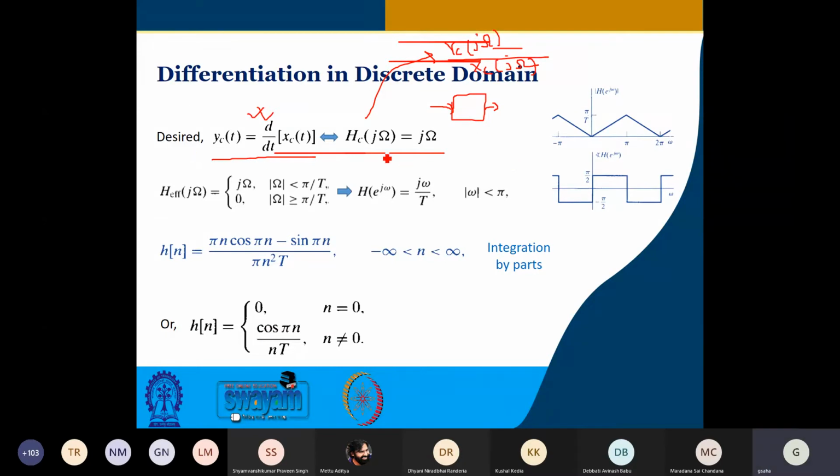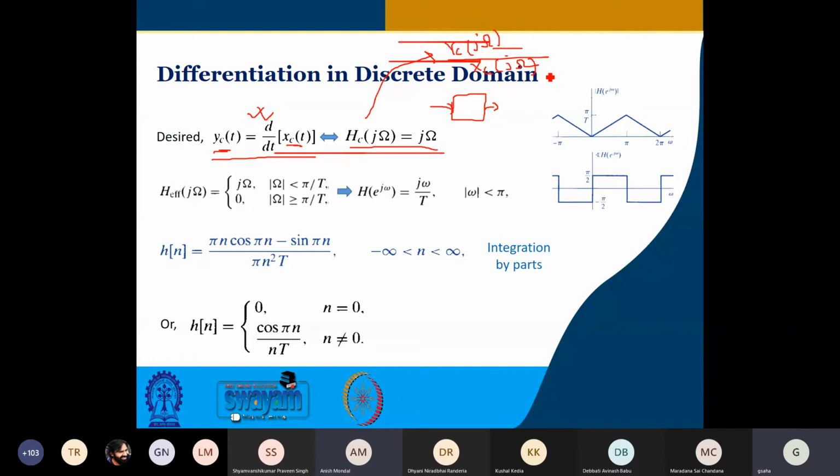This is what is desired, and its corresponding desired frequency response is this, where H_c(j omega) is Y_c(j omega), its Fourier transform, the ratio of that. Can somebody tell me? So the differentiation law of the continuous time Fourier transform is used.